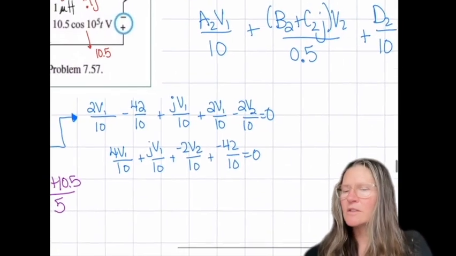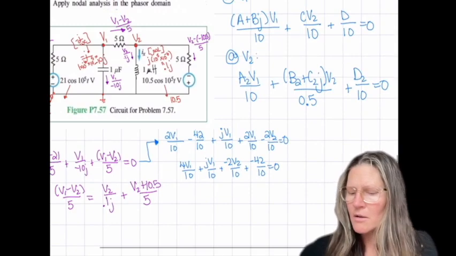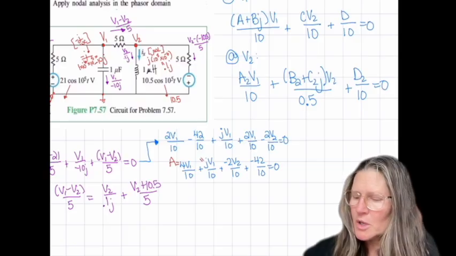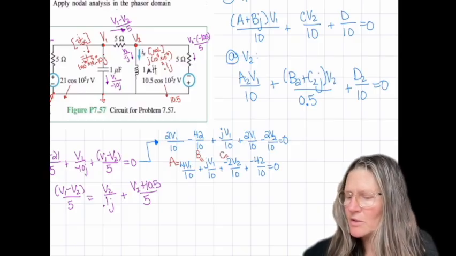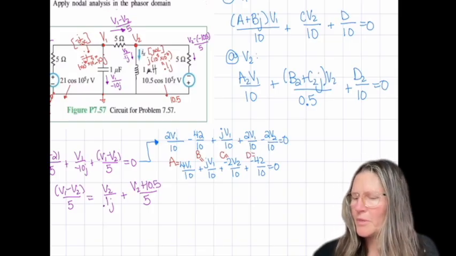So matching this in this form, we would say that A is 4, B is 1, C is minus 2, and D is a minus 42.